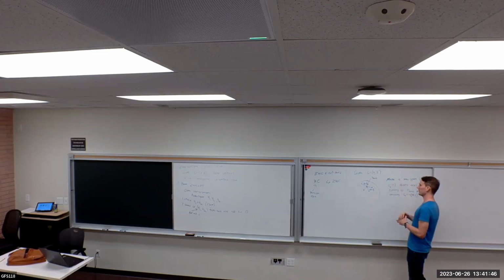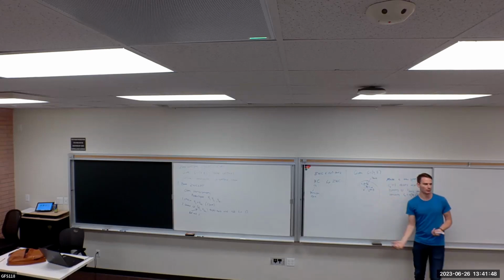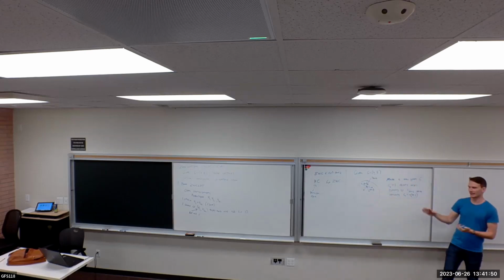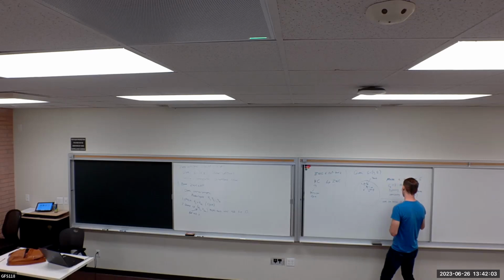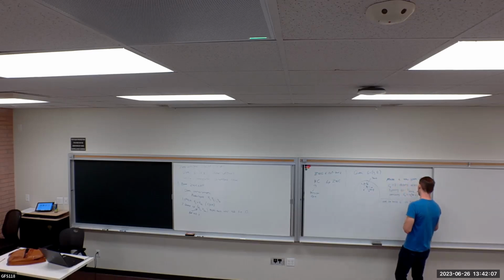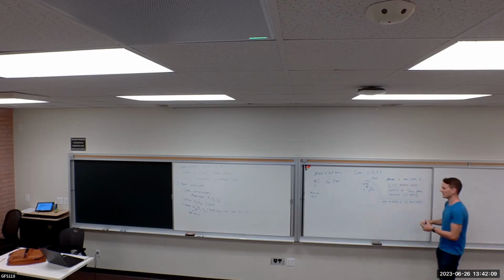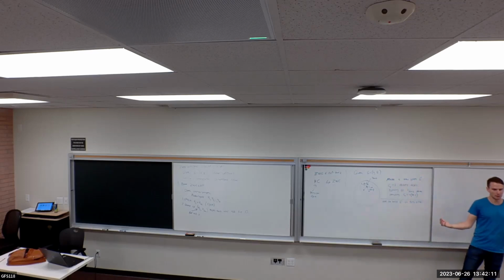Does everyone agree that this reduction can be done in polynomial time? Like I can build G prime in polynomial time. Okay, so let's just make note of that. So we can build G prime. This means that our reduction is computable in polynomial time.